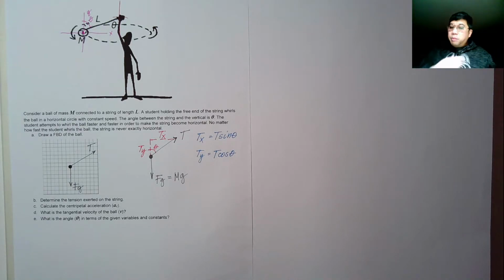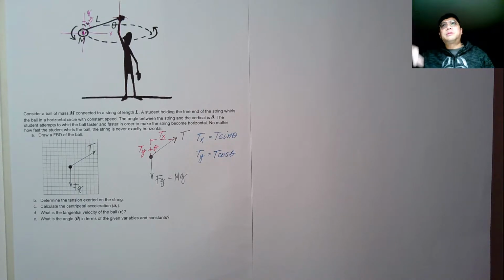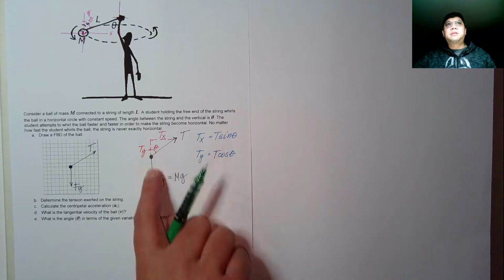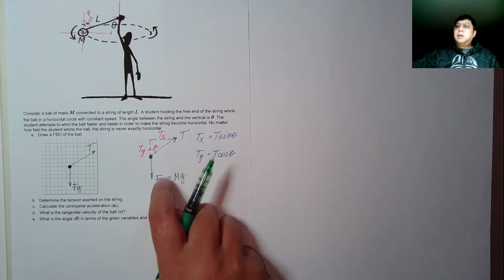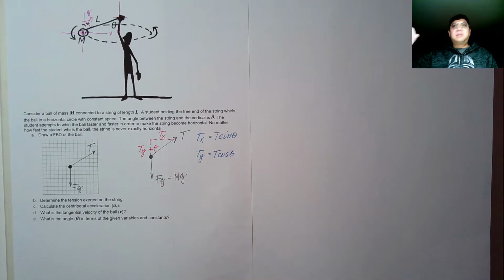Now, just like what I mentioned in the previous video about horizontal circular motion, we will assume that forces along the y-axis are always balanced, or there's no change in acceleration or change in the state of motion.